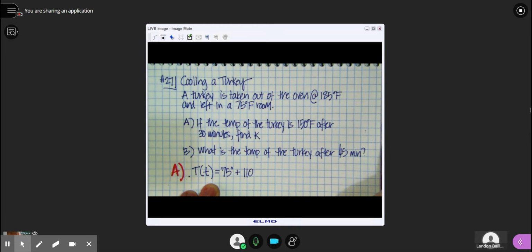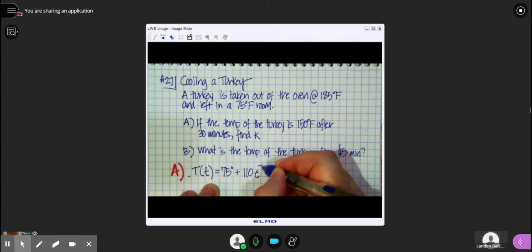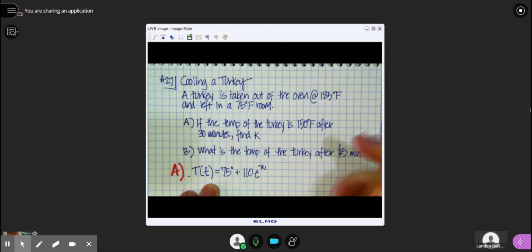It's 110, right? I did the subtraction in my head. So 185 minus 75 is 110, times e to the negative kt, and then t is time.